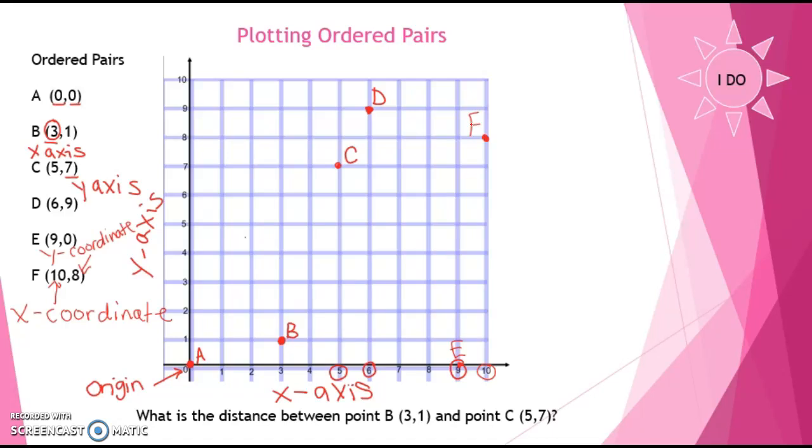Now, the question down at the bottom says, what is the distance between point B, which I'm going to highlight right here on 3, 1, and point C, which is on 5, 7.